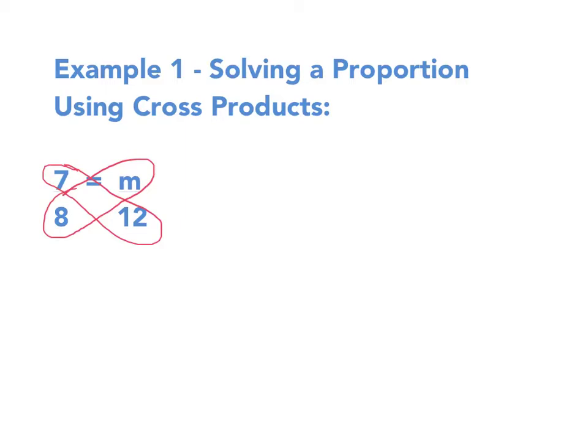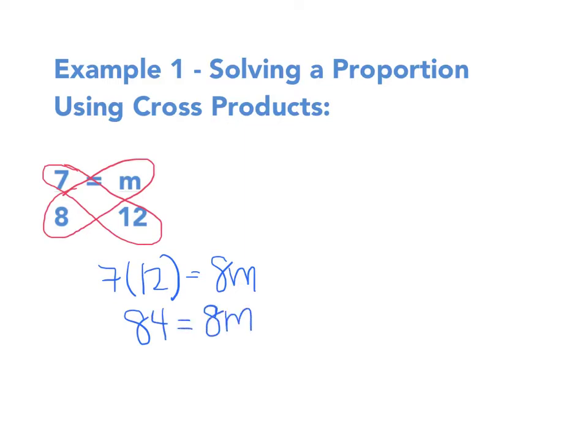So what you do to solve for your missing variable of m right here is you multiply diagonally. So we have 7 times 12 equals 8 times m, or 8m. Now we can just evaluate. So 7 times 12 is 84. 84 equals 8m.